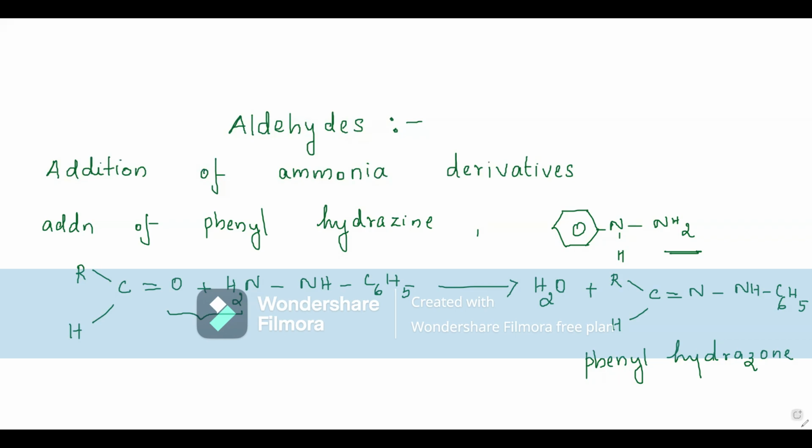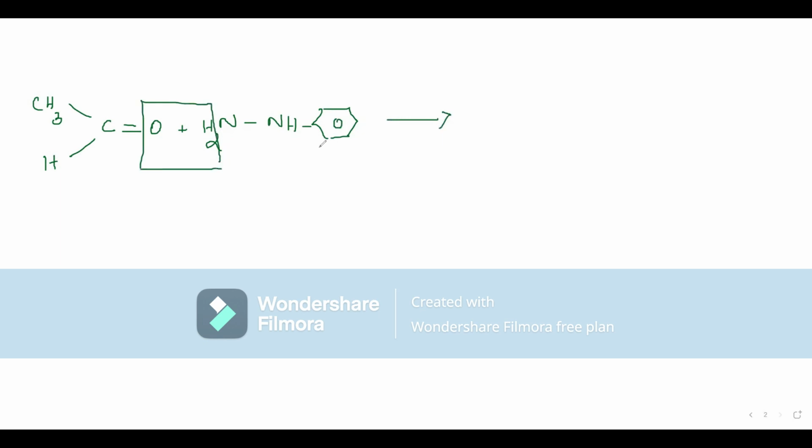Now, let's take a couple of examples. First one, CH3CHO, acetaldehyde or ethanal. Treat this with phenylhydrazine. There is elimination of a molecule of water.